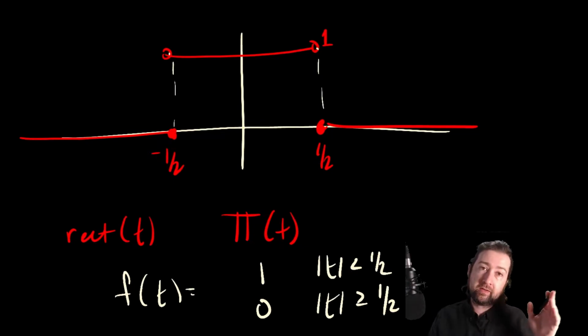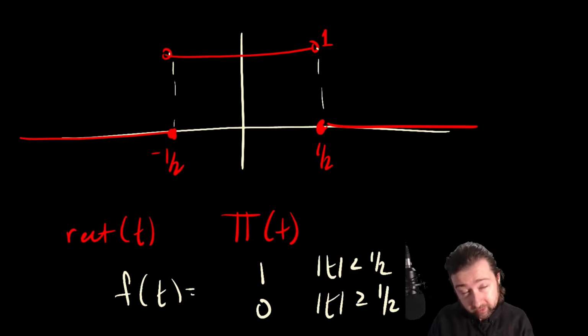So this function is not periodic, but I would like to come up with some way of describing it like it was periodic. And so what I can do is look at the periodization of pi of t.